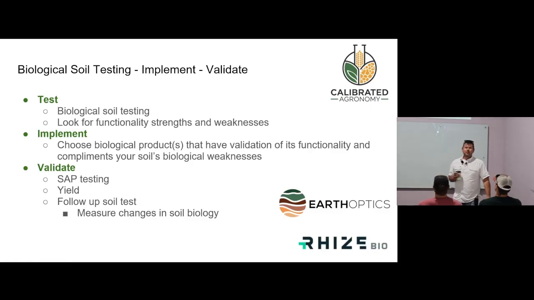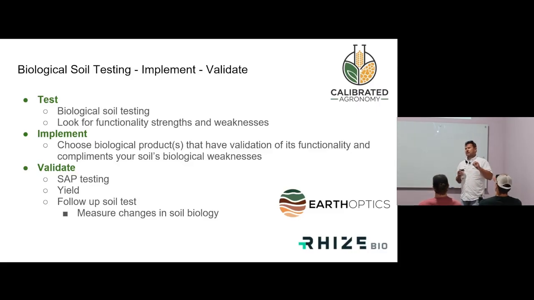So biological soil testing, the one thing that we have really started on with this is, as a farmer, we don't know what our strengths and weaknesses are from a biological perspective. We see lots of marketing material and magazines online: this product does so many bushels, this or that. As a farmer, I've never really bought into that.